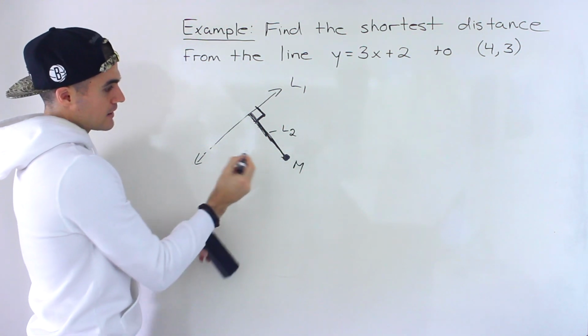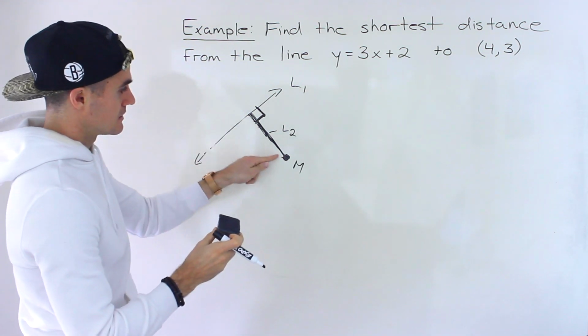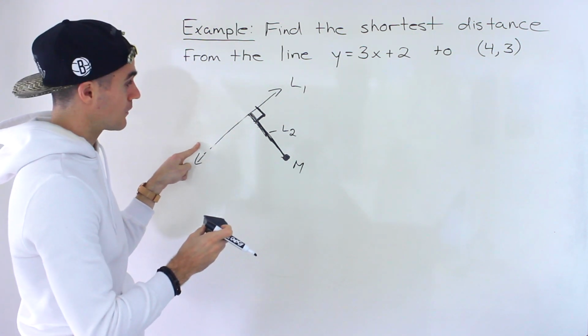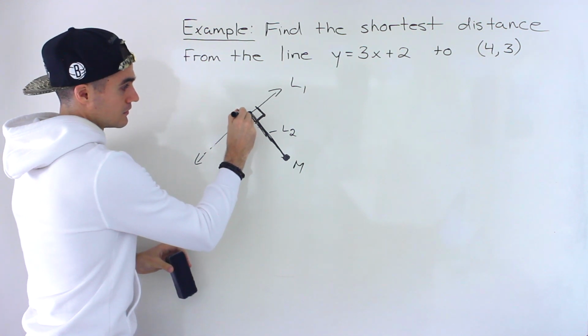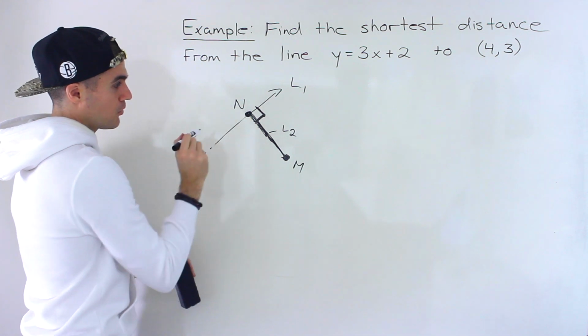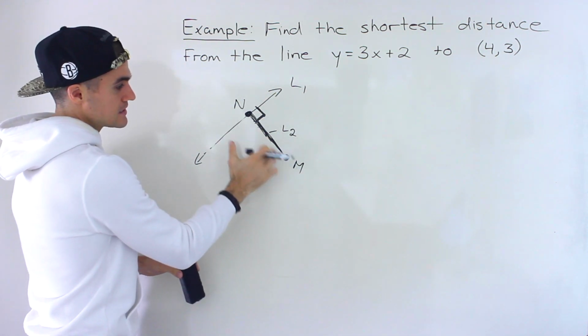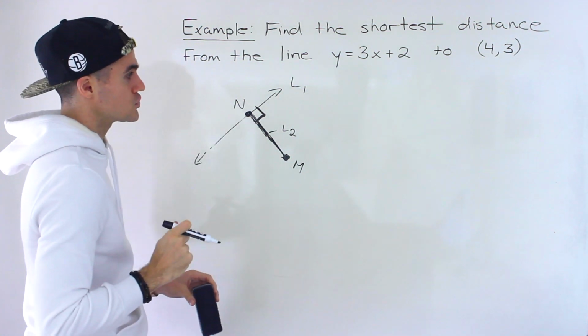And then we're going to have to find the point of intersection between this line L2, and this line that we're working with, L1, the line that we're given, and that's going to be over here. So we'll call this point N, and then once we have this point N, which is the point of intersection between these two lines, we can find the distance between M and N, and that's going to be the shortest distance.